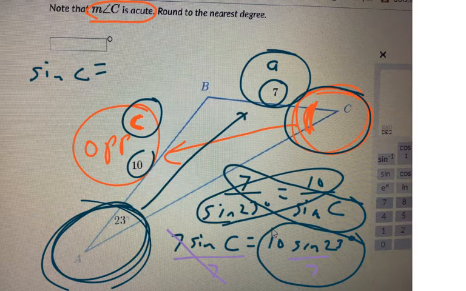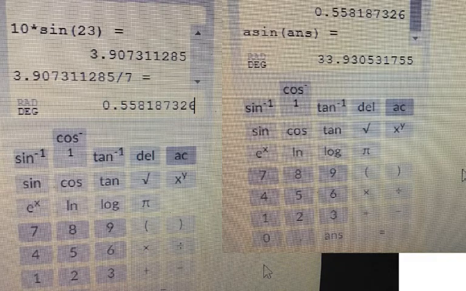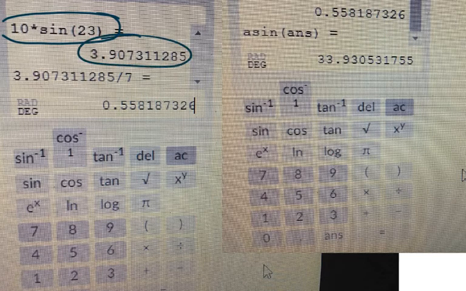Now, I decided to demonstrate with the computer calculator, which you can only do if you have a laptop, guys. If you have a phone, you're going to use your own calculator. But it's good practice. So, I did 10 times the sine of 23. I got this.